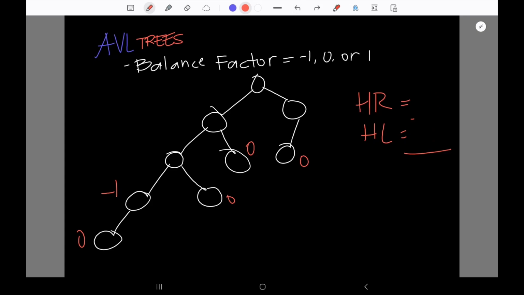We have 1 siyang right. So 1. How about siyang left? 1, 2. So we have 2. 1 minus 2, -1. Sorry, my bad. So it has a -1. So balance siya guys. Moving on.